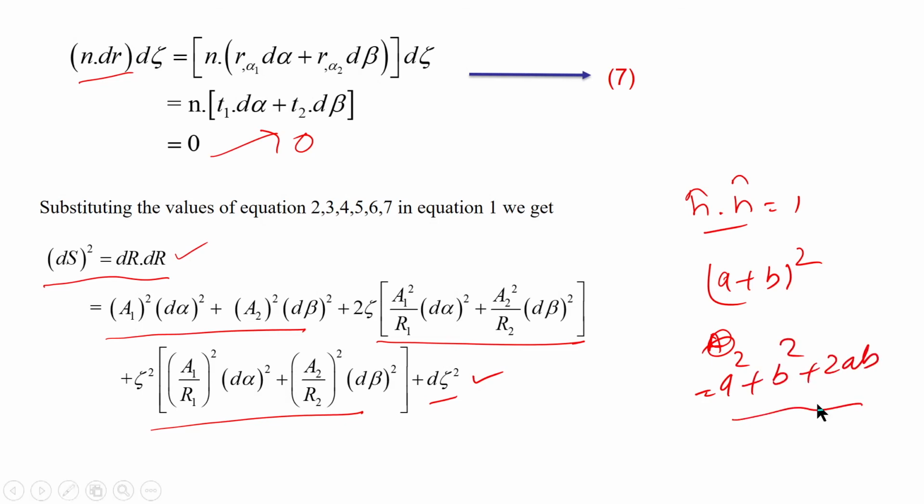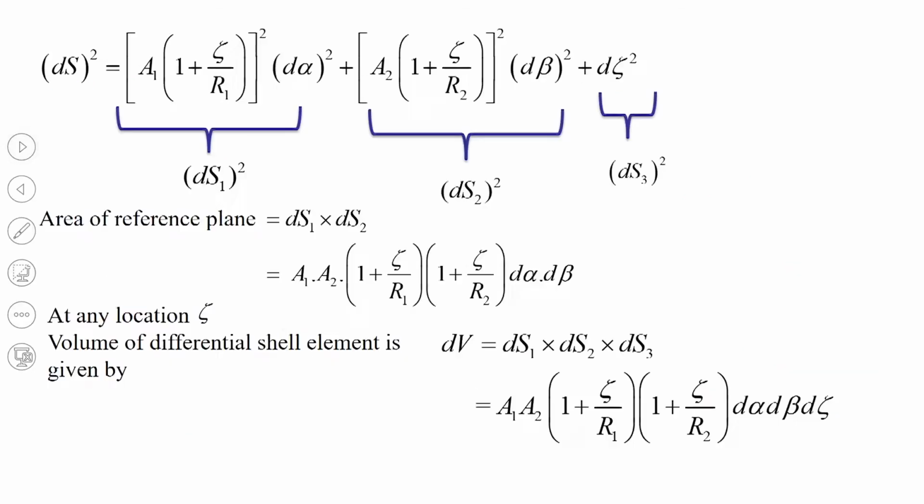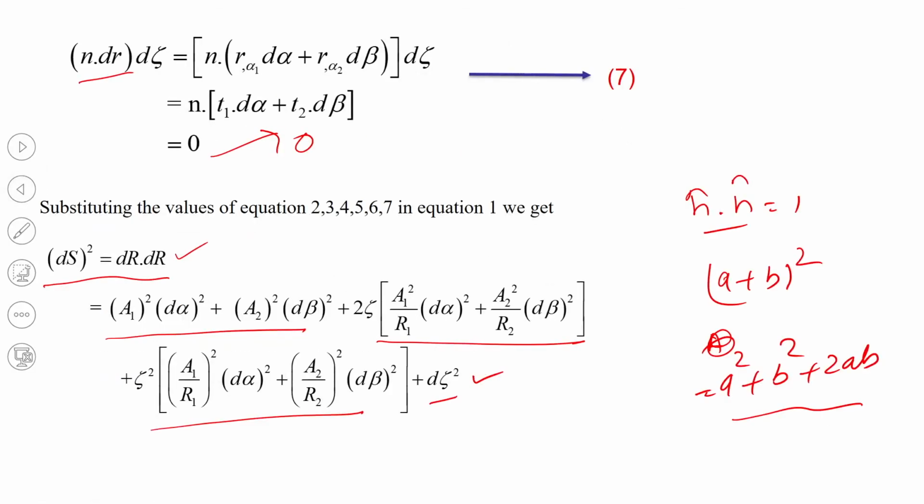In the same way these are simplified and can be written as a1 plus zeta by r1 whole square d alpha square plus a2 plus zeta by r2 whole square d beta square plus d zeta square. So, anybody can check it, if you open it, it becomes like this.